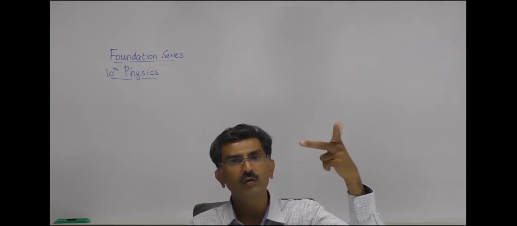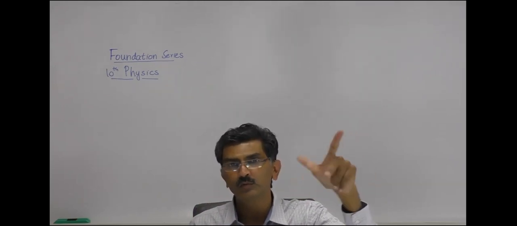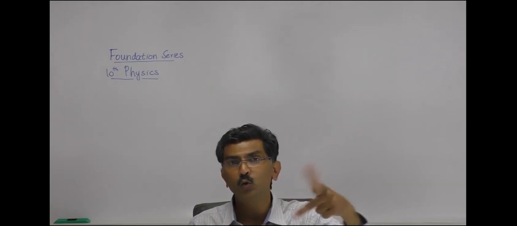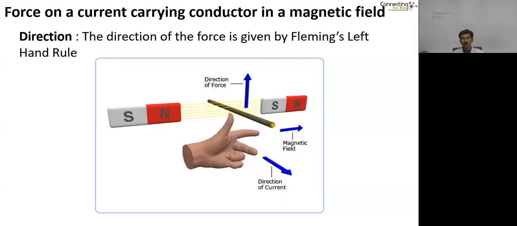And now you have to keep these three fingers, the middle finger, the index finger, and the thumb, perpendicular to each other. So each finger is perpendicular to the other two. And then let us see what these three fingers tell us. So when you hold the three fingers of your left hand up in that way, the left hand rule tells us that the index finger is pointing in the direction of the magnetic field. Remember, the magnetic field is in that direction.